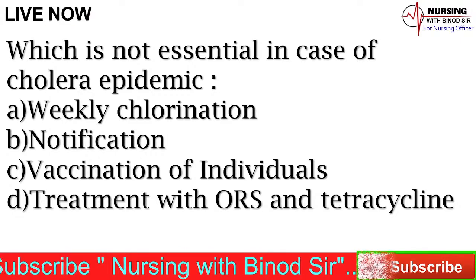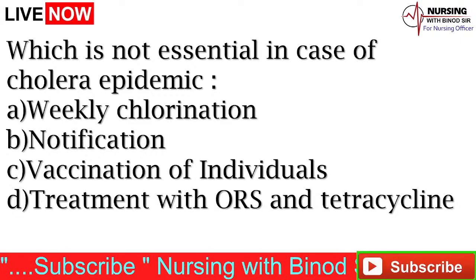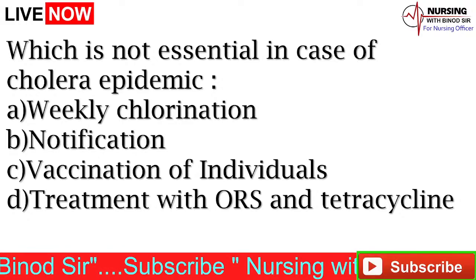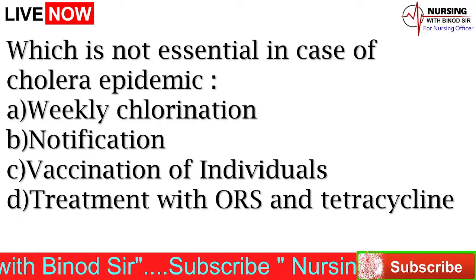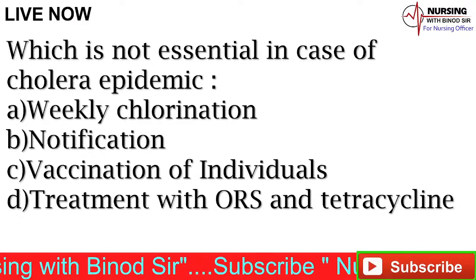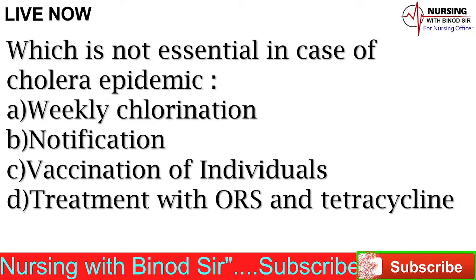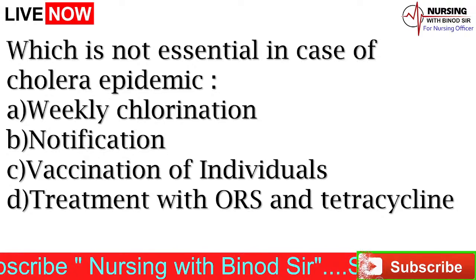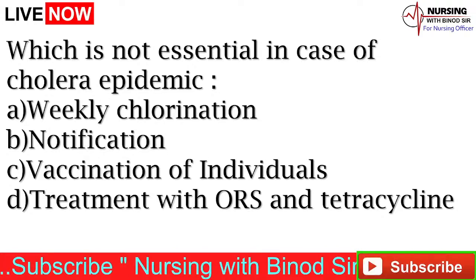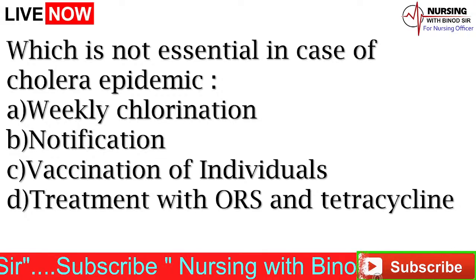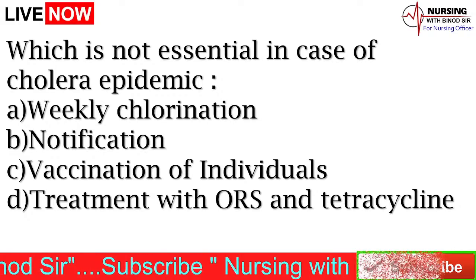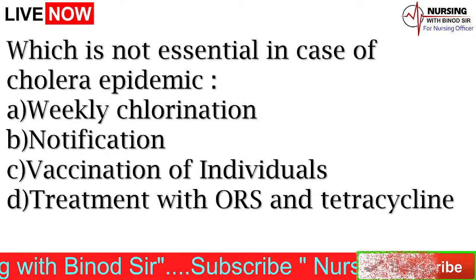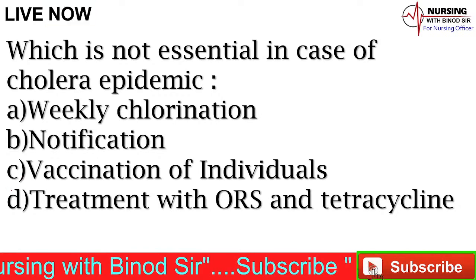Always remember cholera is what kind of disease: waterborne, airborne, or arthropod-borne? It is a waterborne disease. It is an acute diarrheal illness caused by infection of the intestine with the toxigenic bacterium Vibrio cholerae. So remember here, vaccination of the individual is not essential in case of cholera epidemic.